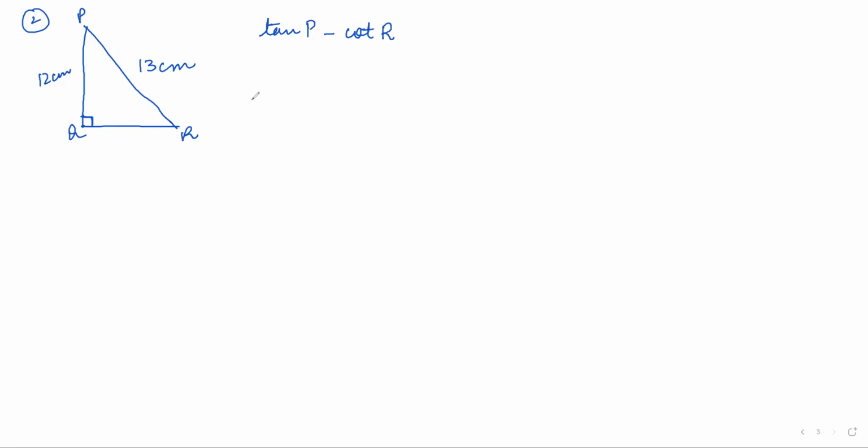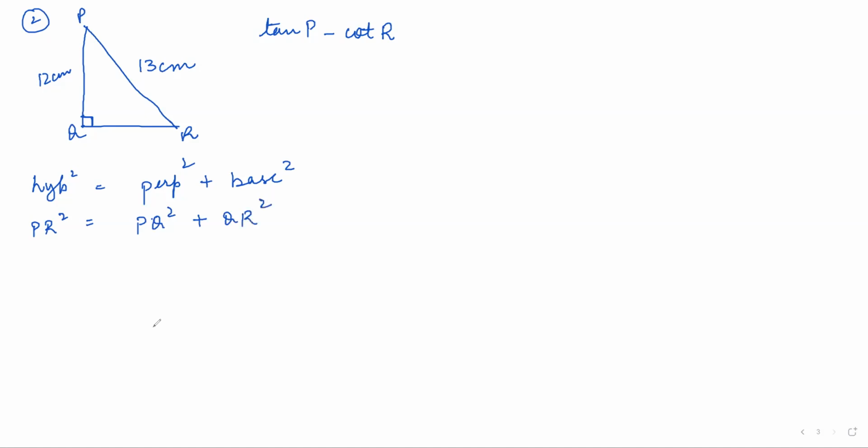In every question, the first step is to find all the sides of the triangle, right? In the previous question also I told you. So to find this, we can use Pythagoras theorem. That means hypotenuse square is equal to perpendicular square plus base square, correct? Now hypotenuse is PR, so PR square is equal to PQ square plus QR square.